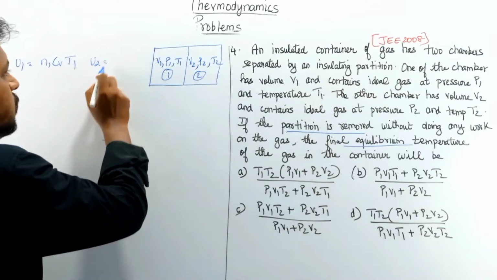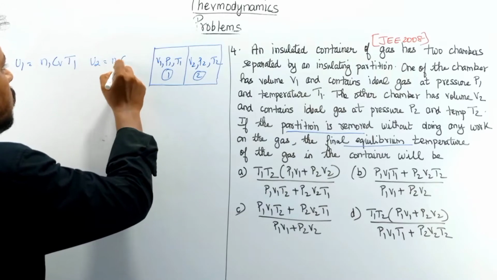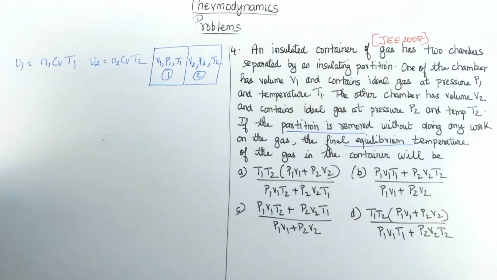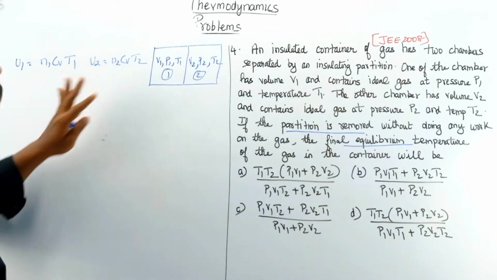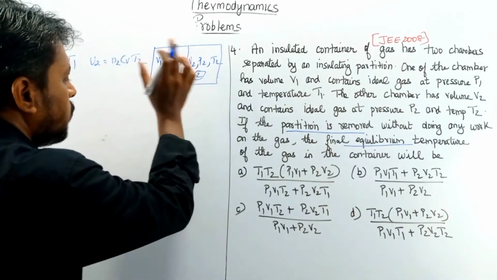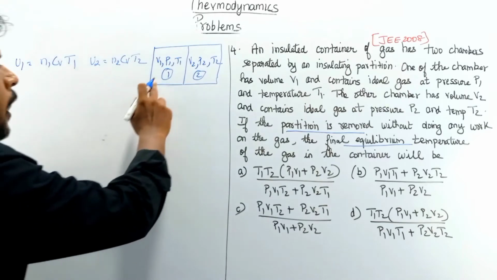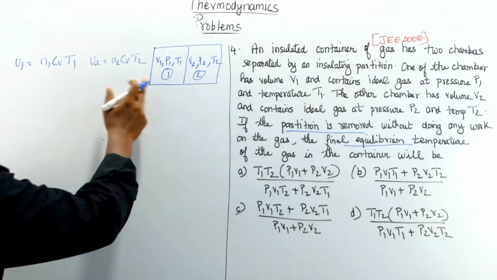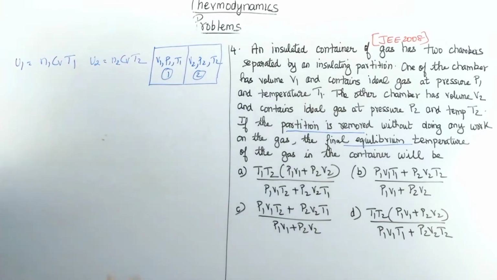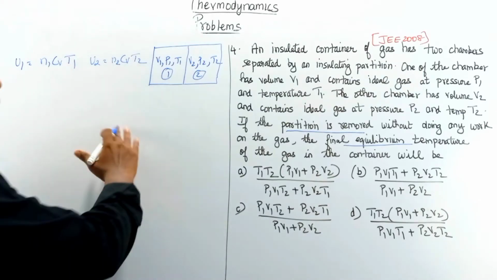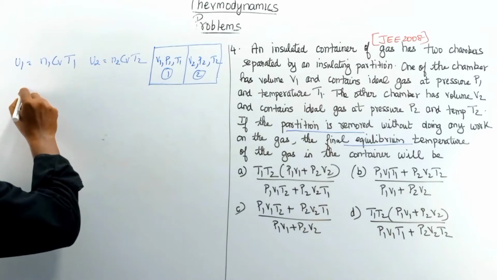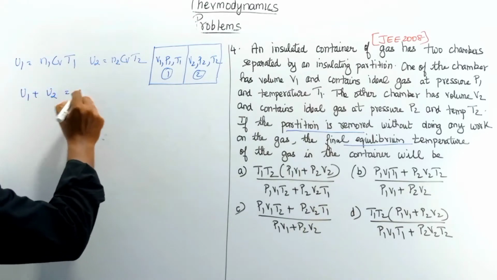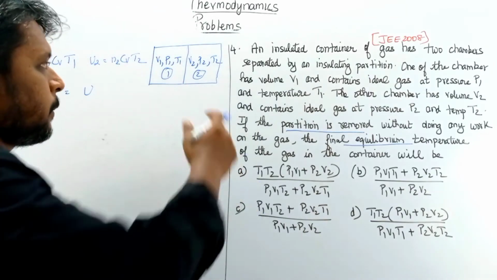The internal energy will be N2 CV T2. This is the internal energy of both chambers. Now when the partition is removed, the sum of the individual internal energies will be equal to the total internal energy of the container. So U1 plus U2 is equal to U after the partition is removed.